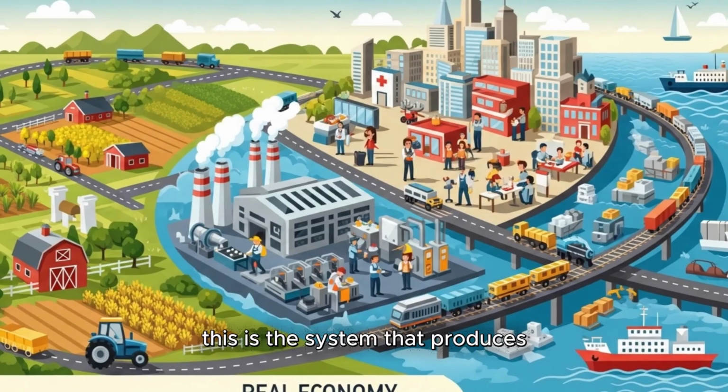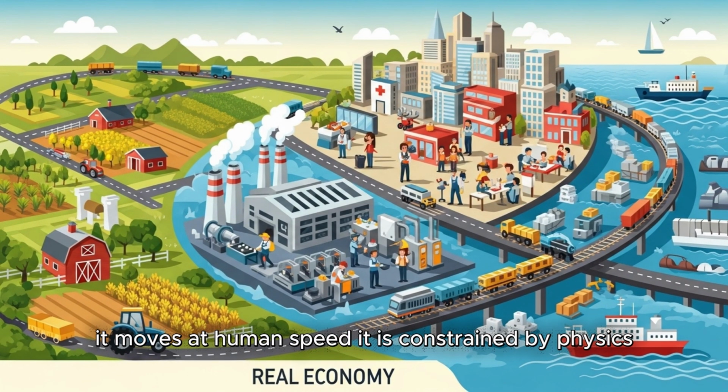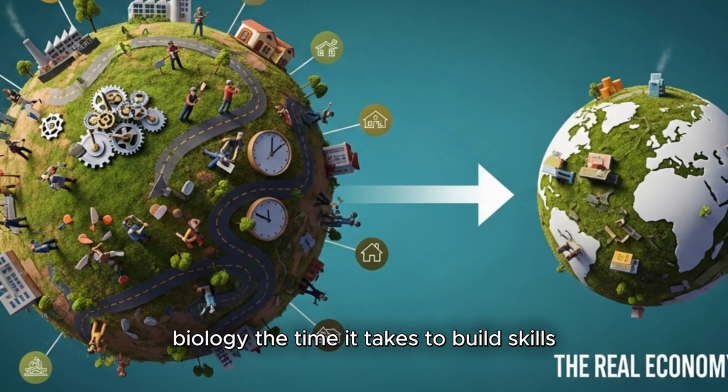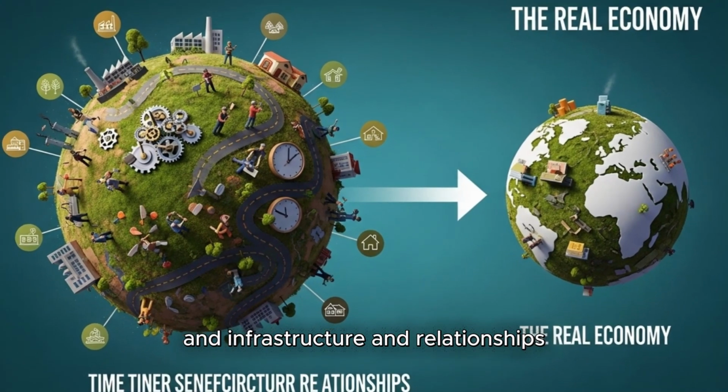This is the system that produces the actual goods and services that people live inside. It moves at human speed. It is constrained by physics, biology, the time it takes to build skills and infrastructure and relationships.